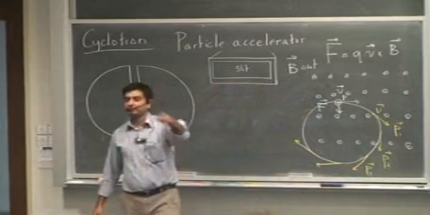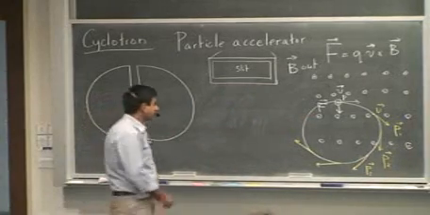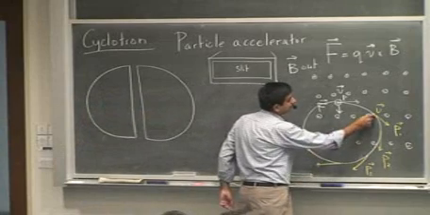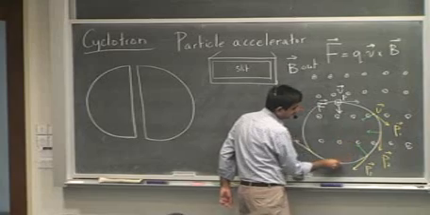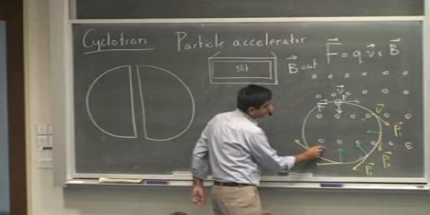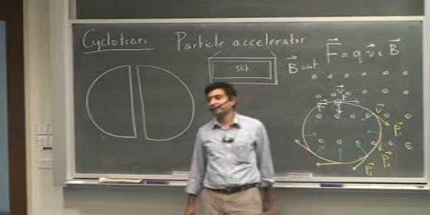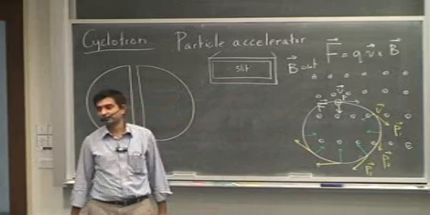So the momentum, the linear momentum, is always tangent to the circle, and the force is always normal to the momentum. So these green arrows represent the force at each instant, and since the radius is normal to the tangent, the green force is pointing towards the center of the circle.